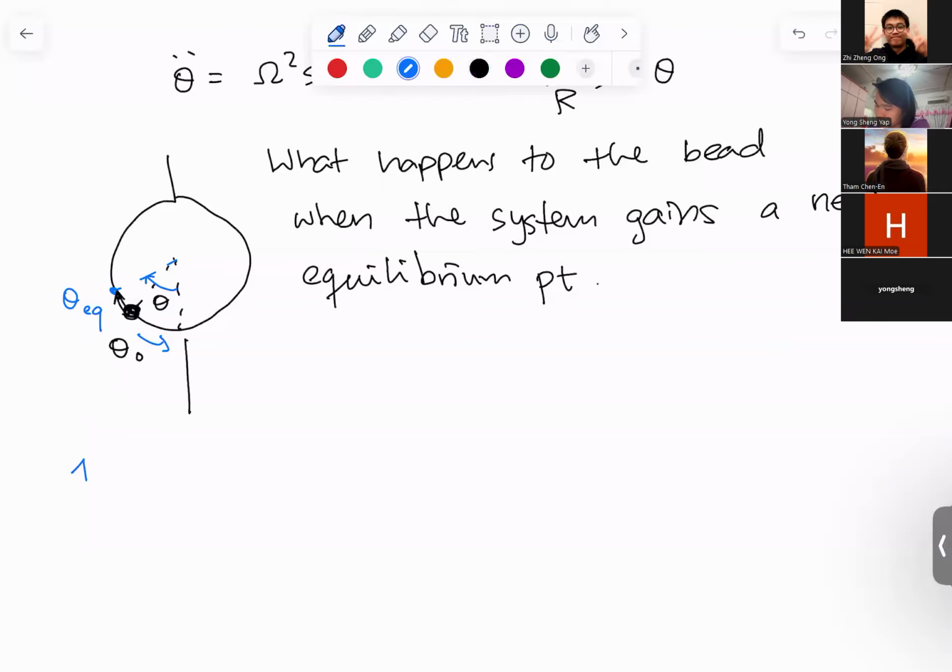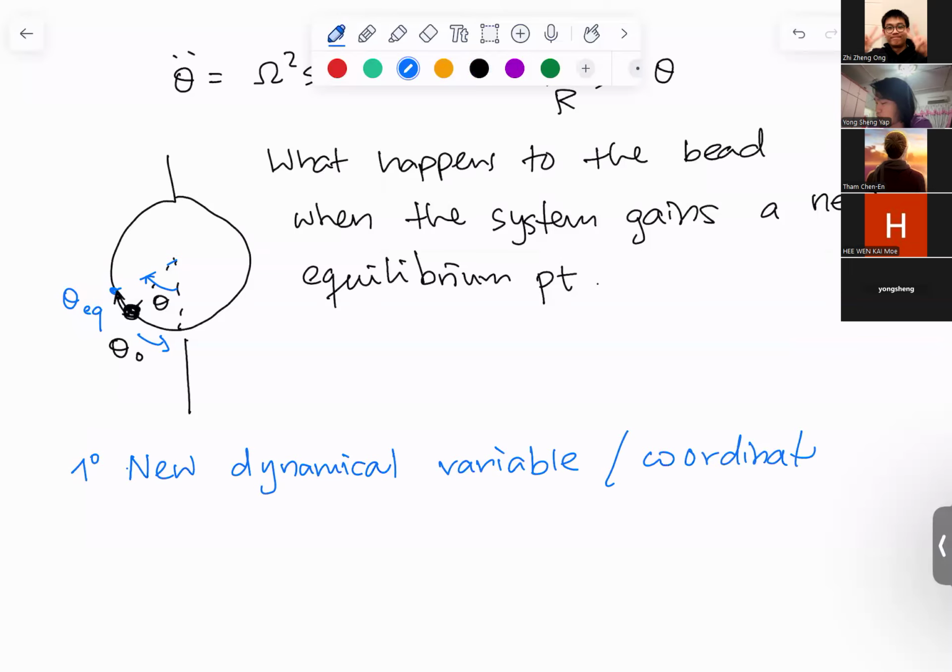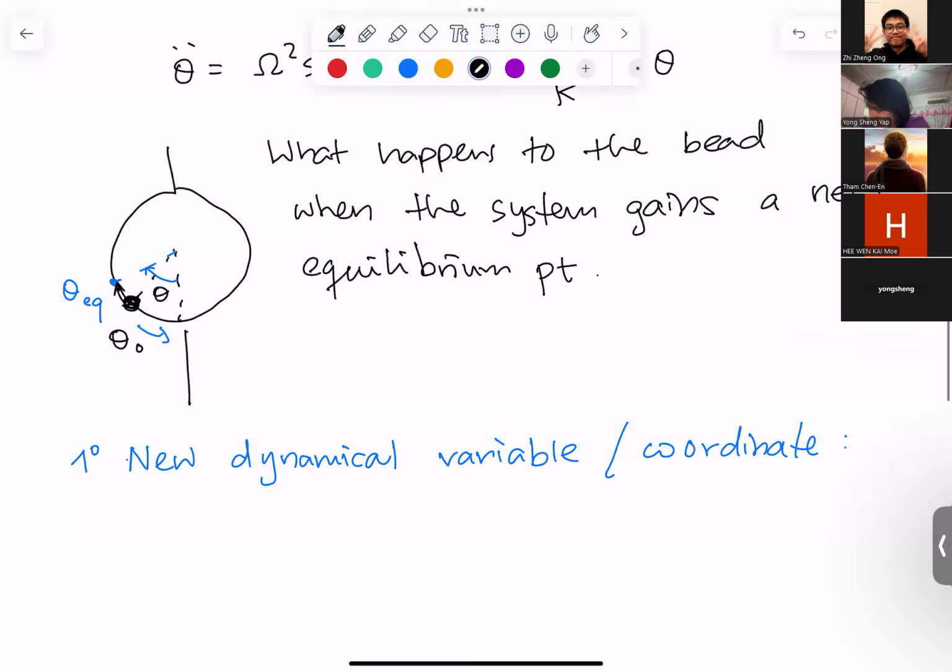So here's our strategy. We're going to set a new dynamical variable, or another way to put it, a new coordinate system, which is more helpful. So instead of using theta, which is measured from the bottom of the hoop, we define that theta of the bead is basically the equilibrium angle, theta equilibrium, the new equilibrium point, plus some deviation from it.